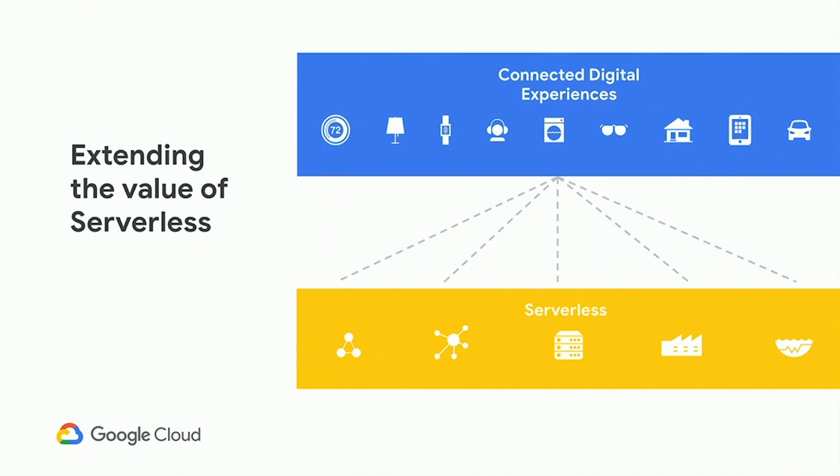At the end of the day, enterprises are building serverless applications to eventually power digital experiences, right? You heard Thomas talk this morning about digital transformation. What does digital transformation really mean? It means that in this day and age, enterprises are building digital products with nothing but APIs.